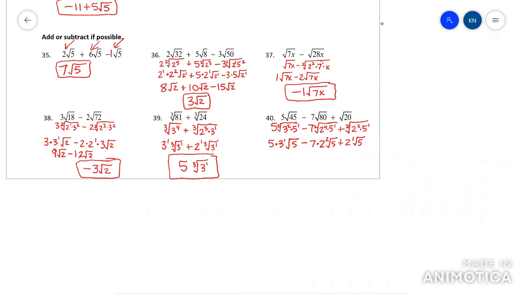Okay, clean it up a little bit. So you have 15 root 5 minus 14 root 5, which makes 1 root 5, plus 2 root 5 makes 3 root 5.